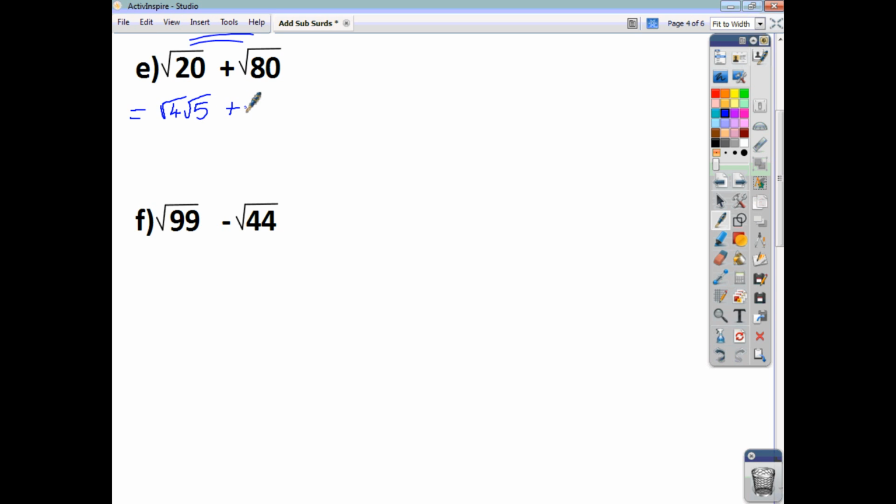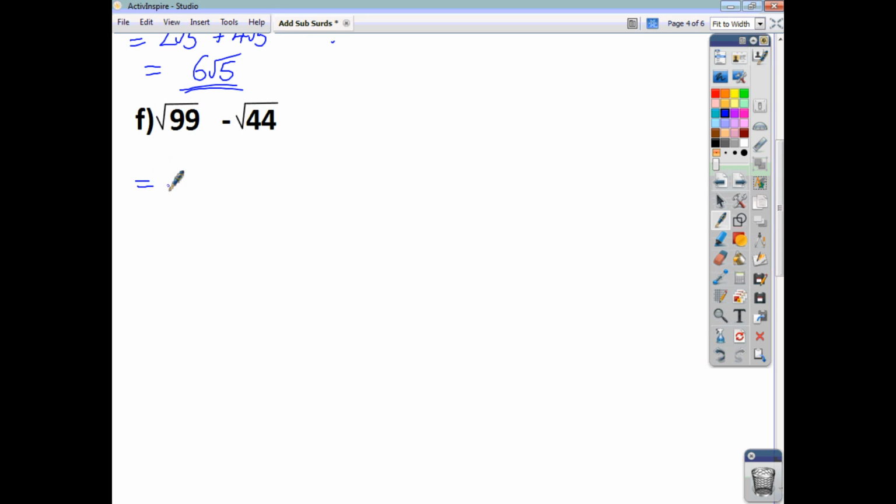Now, trying to get the biggest one you can, 4 goes into it, but 16 goes into it as well. So it's going to be root 16 times root 5, because 5 times 16 is 80. So that gives me 2 root 5 plus 4 root 5, and that gives me a final answer of 6 root 5. Okay, 6 root 5.